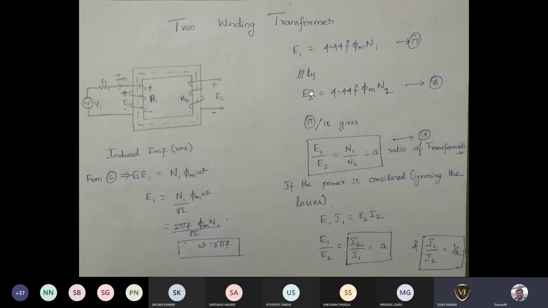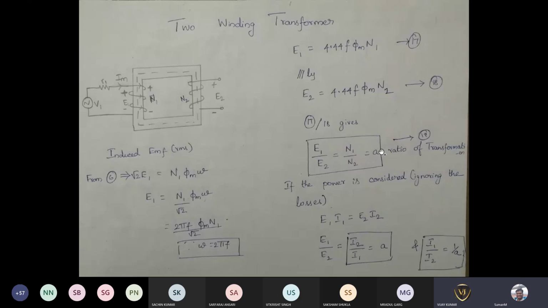Now if you take the ratio of these, that is equation 17 divided by 18, you will get E1 divided by E2 equal to N1 divided by N2. So this is called the ratio of transformation, or you can call it the turns ratio.